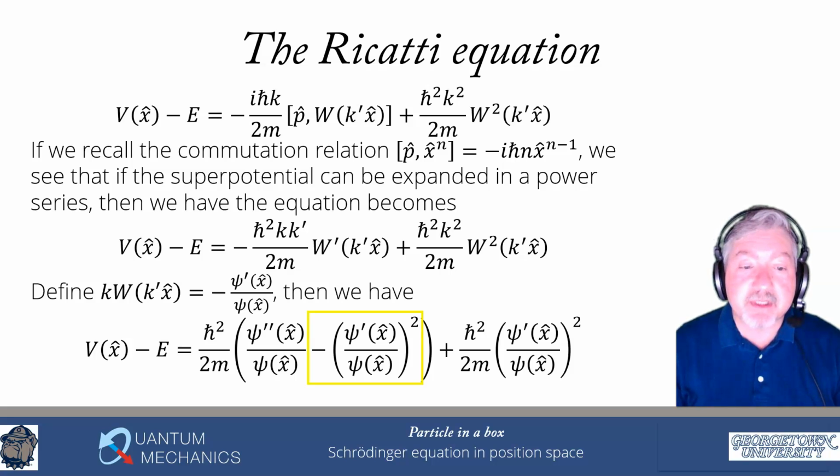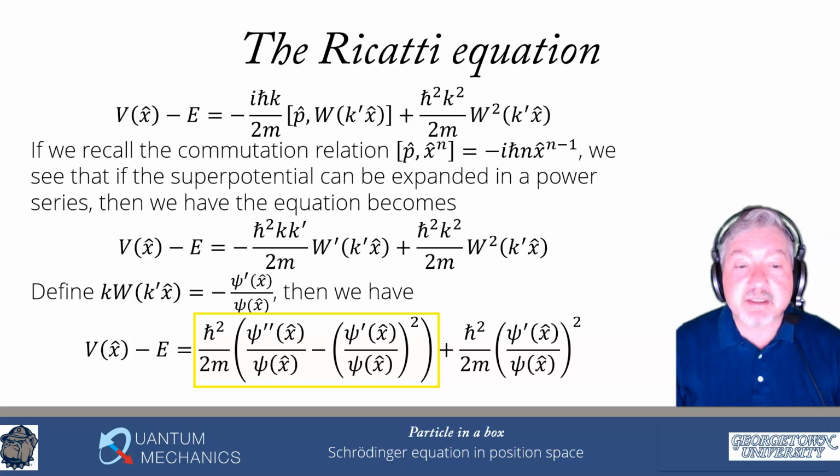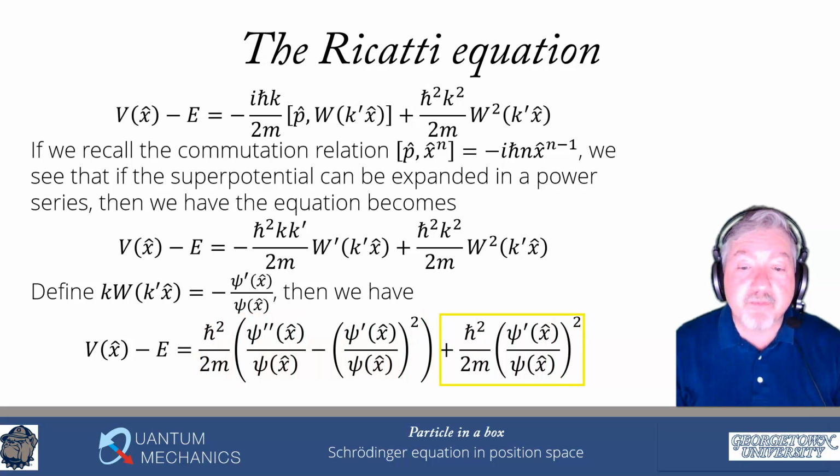And so that just becomes a net of minus psi prime of x over psi of x quantity squared. So you see what happens is that minus sign out in front gets rid of the minus sign times the h bar squared over 2m. So I get h bar squared over 2m psi double prime of x divided by psi of x minus psi prime of x over psi of x quantity squared, and then plus the term that we had before, which is plus h bar squared over 2m psi prime of x over psi of x quantity squared.